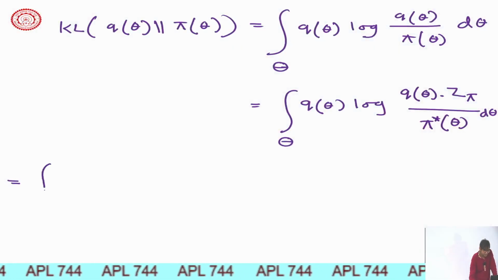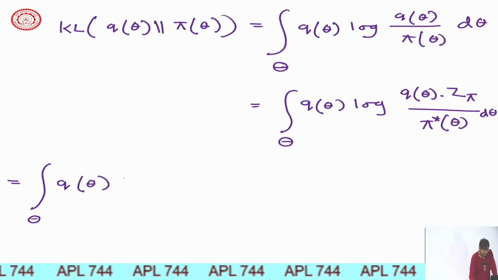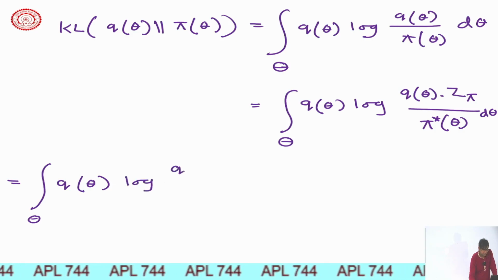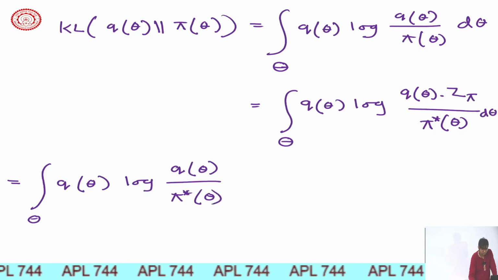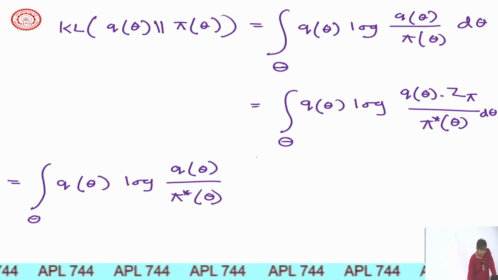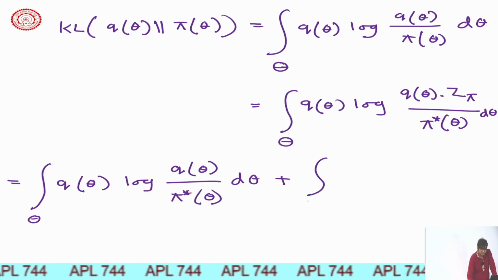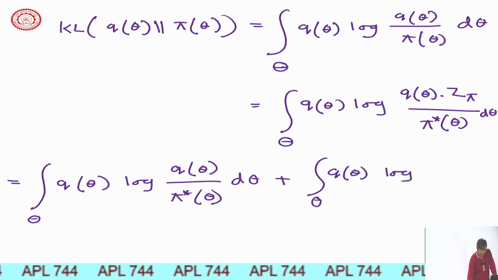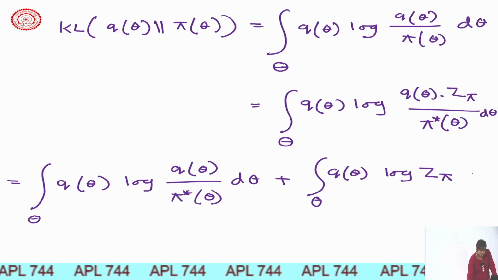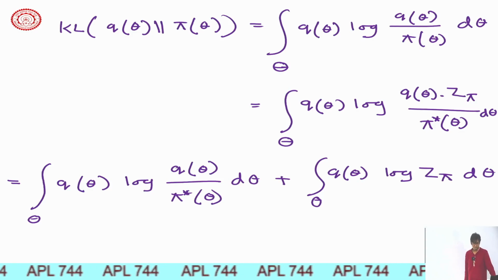So this is equal to the integration of q theta log q theta by pi star theta d theta, plus the integration of q theta log of Z pi d theta. Yes, this is correct. What is the first term?